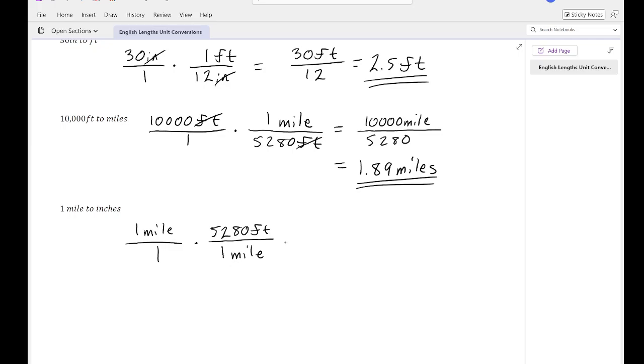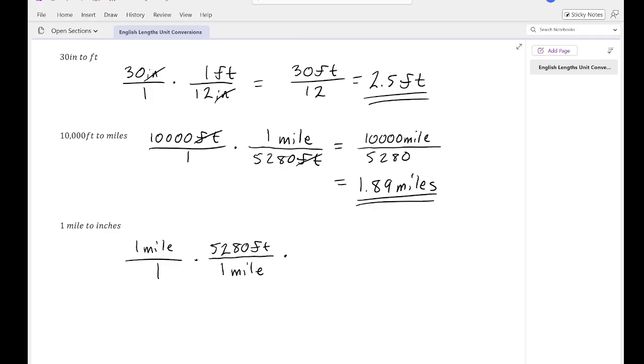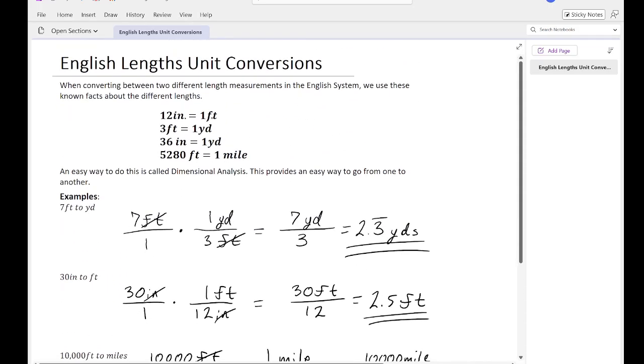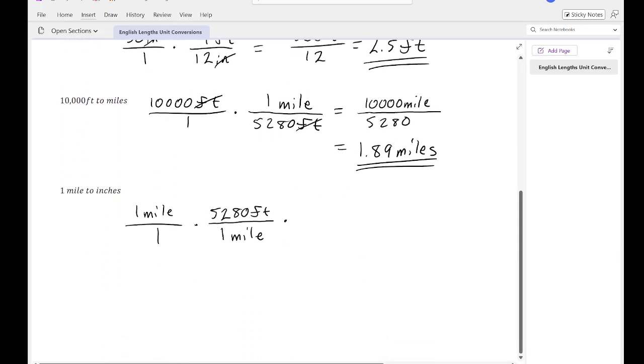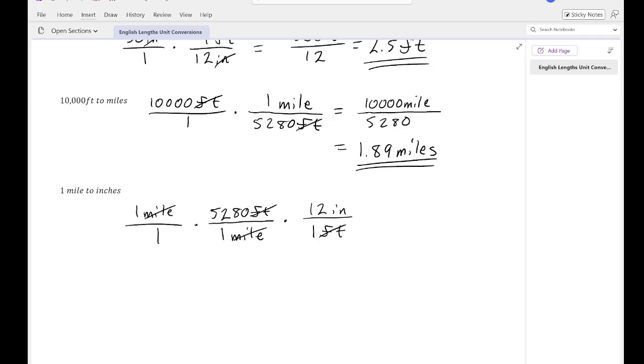But now I have to turn feet into inches. So again, I know that I have 1 foot equals 12 inches. So I could just use that fact again. And I need to get rid of feet. So I'm going to have 1 foot in the bottom and 12 inches up top. And now miles cancel, feet cancel, and I'm left with just the 1 unit measurement of inches.